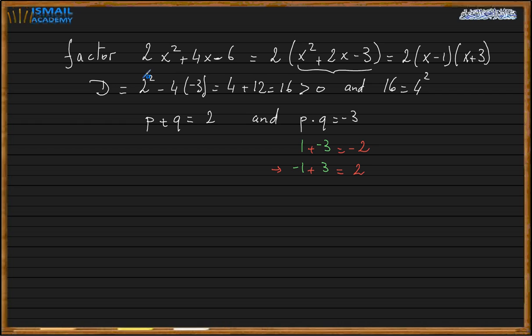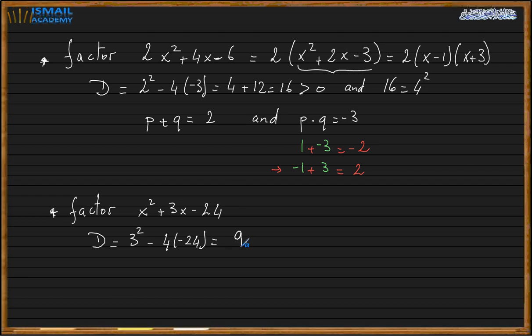So let's pick another example. I want to factor x squared plus 3x minus 24. So let me find out my discriminant. It is b squared, which is 3 squared, minus 4 times minus 24.